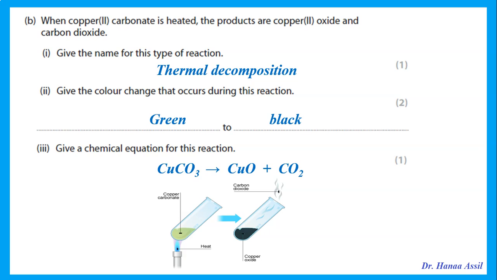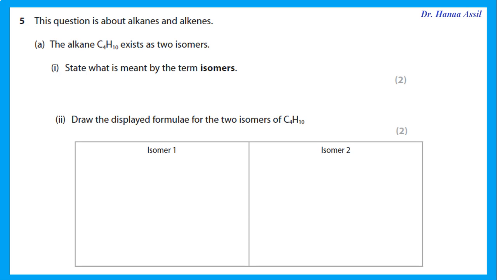Copper oxide, the valency of copper is 2, the valency of oxygen is 2. So you don't write 2 anywhere, they cancel. So this is the equation. Is it balanced? Please do not leave a chemical equation without checking if it's balanced or if it needs balancing. So copper carbonate to give copper oxide plus CO2, this is an already balanced equation, so we can move on.